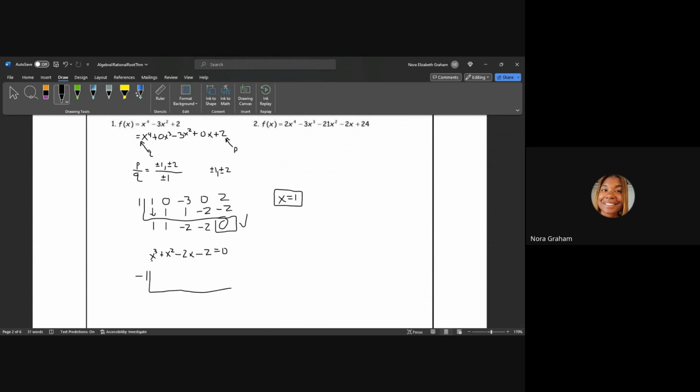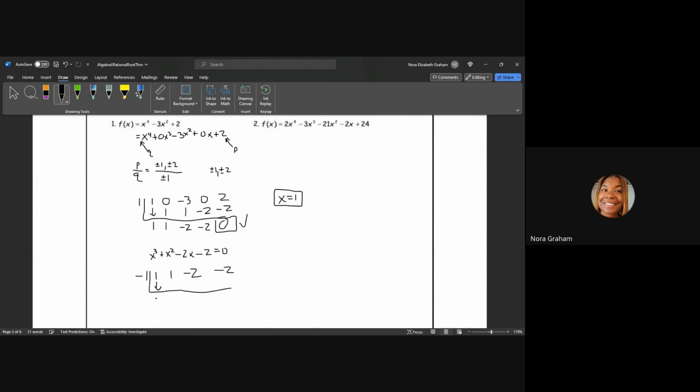So for this one, I list my coefficients in my first row when using synthetic division. And then -1 is just one of my possible roots that may be a root. And remember, our goal when using synthetic division is we just want to get a 0 at the end. Okay, so my coefficients for x to the third is 1, x squared is 1, -2 is my coefficient, and my constant is -2. So I start with the synthetic division again.